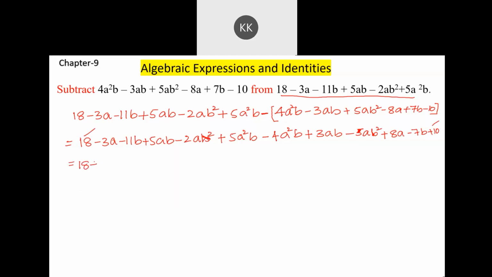So I will write 18 one beside the other. Minus 3a, a plus term is 8a there. Further, this is minus 11b. Minus b term 7b is there here, minus 7b. 5ab plus 5ab and plus 3ab.